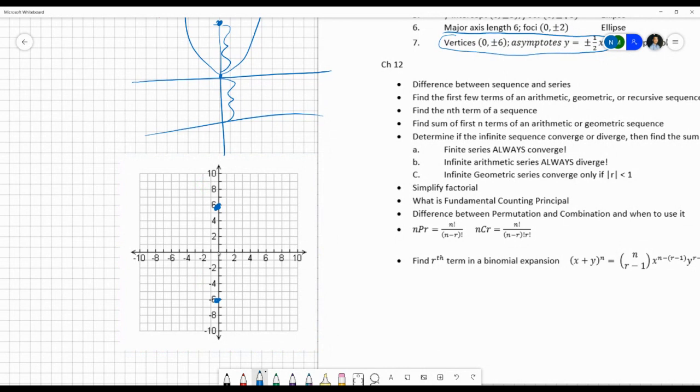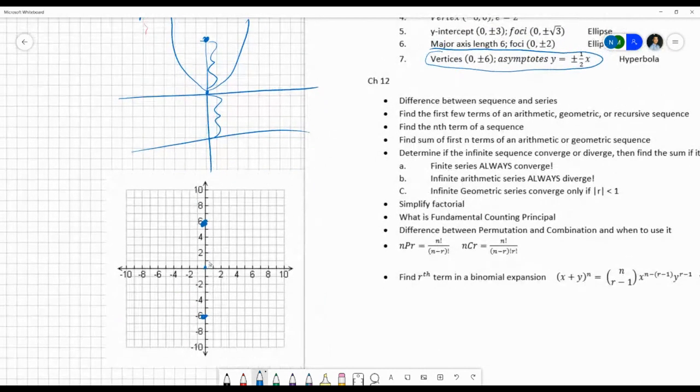Since we know that the center is at the origin, we know the lines pass through here, with slopes 1/2 and -1/2. Since we know the asymptotes, this is basically the slope using A and B.